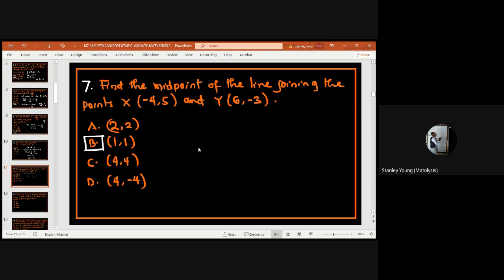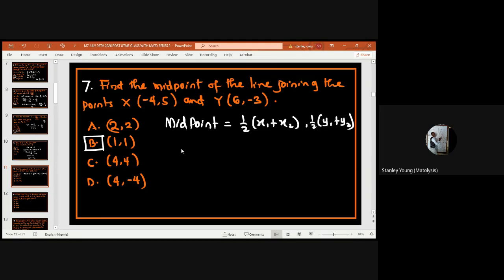For the sake of those looking for the formula, the midpoint is given as 1 over 2 of x1 plus x2, comma, 1 over 2 of y1 plus y2.